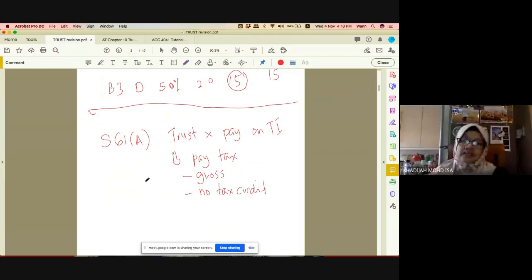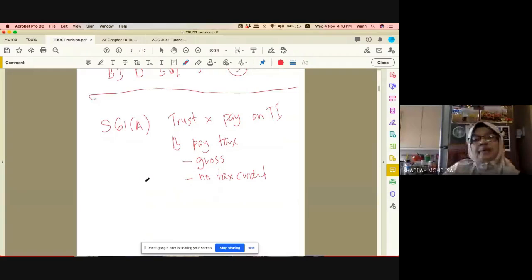The difference is that initially, for example, if the trust's total income is 100, instead of receiving 76, the beneficiary actually receives a gross of 100, then only later pays tax in the following year.